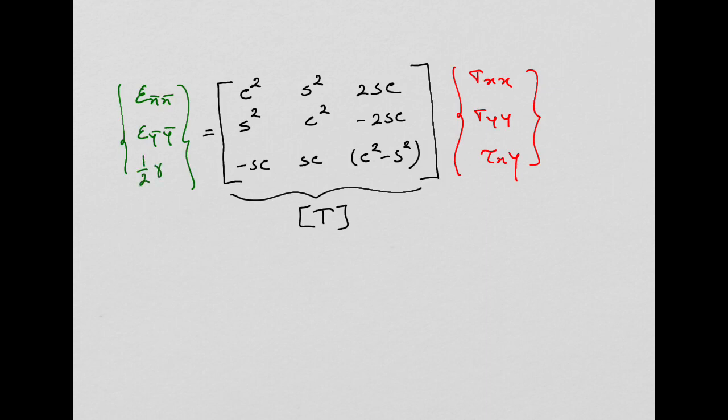And here you have 1 over 2 gamma xy. All right? That's the only thing we need to keep in mind, is that instead of gamma xy, we have 1 over 2. So here we will have deformation in the x direction, in the y direction, and 1 over 2 gamma xy, the shear strain. Okay? So that's the only thing we need to take into account.